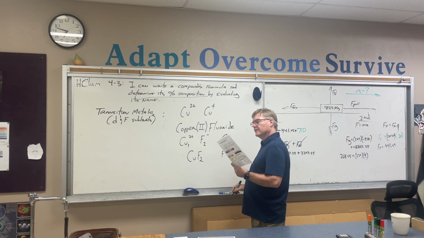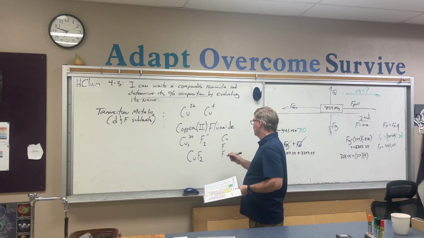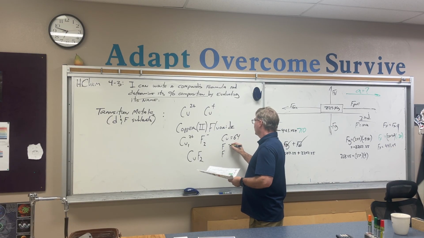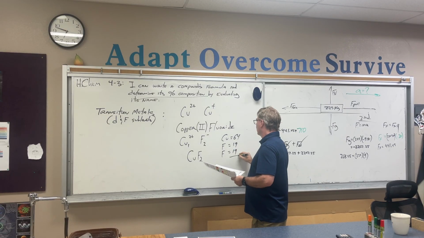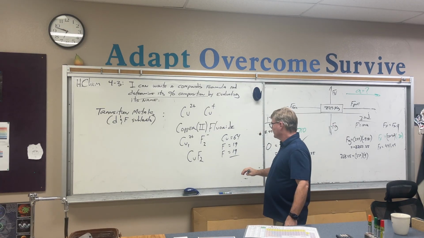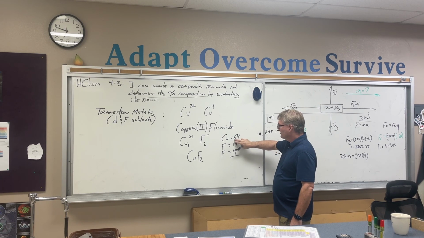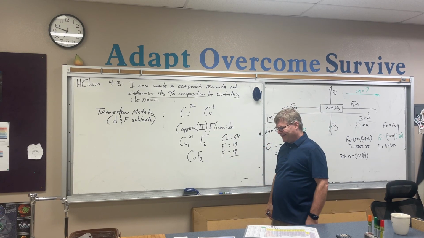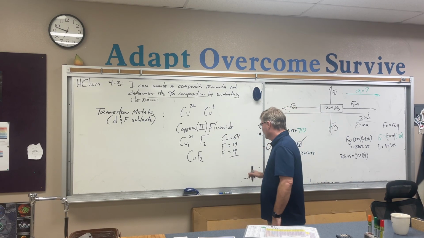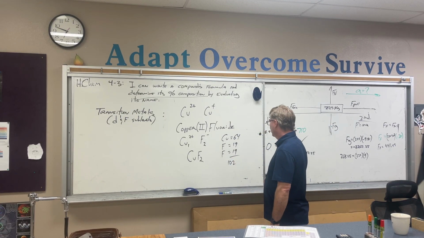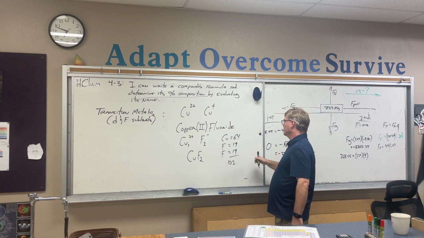Copper is 64 AMUs. Each fluorine is 19. So for a total of, let's see here, that would be 40 plus 60, 100, 104... but I need to take the 2. That's 102. Yeah, I am not planning this, class. So that's 102. It's just kind of uncanny this year.